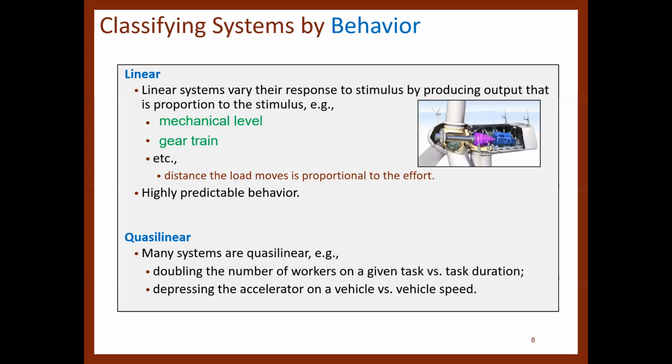The other option you have is to run a second shift in which you are going to increase the number of workers. That's what the bullet is trying to express. So quasi-linear in the sense that you have two ways: doubling the number of workers on a given task versus just increasing the task duration. Or depressing the accelerator on a vehicle versus the vehicle speed.